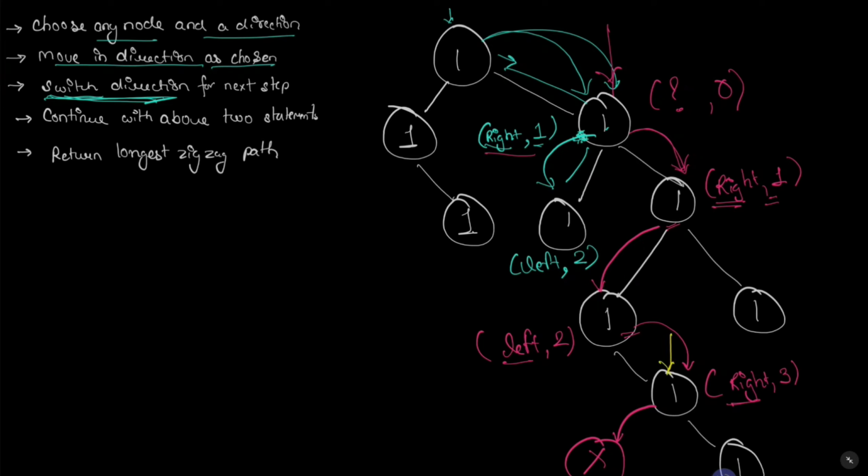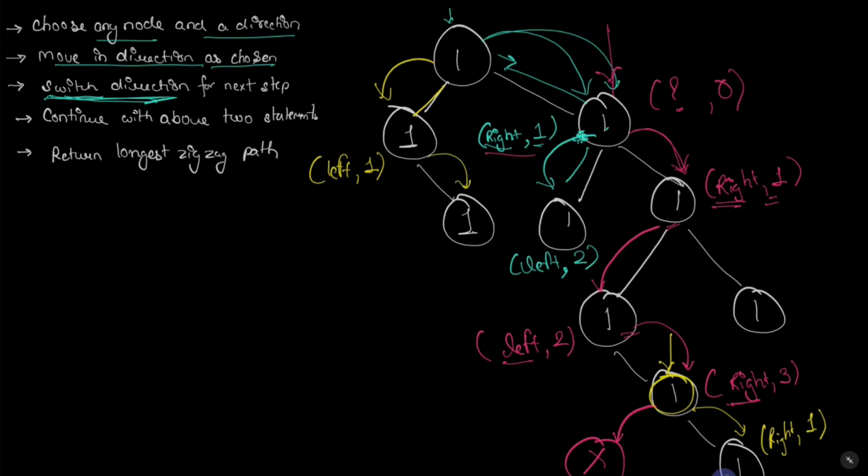Similarly, assume this is my root node and we'll make a jump to this node. Then what we'll have here is right, and the number of steps that we have taken right now is 1, since we are assuming this as our root node. In a similar fashion, we'll be moving in this direction. Here, we are coming from left and the number of steps that we have taken so far is 1.